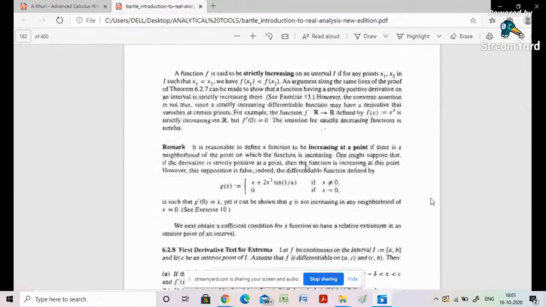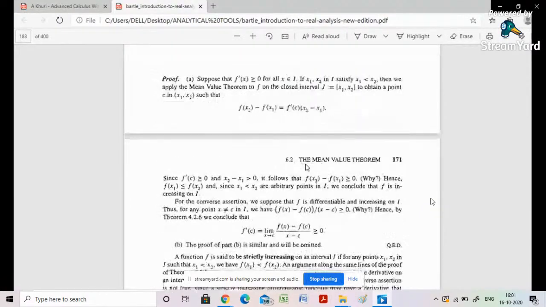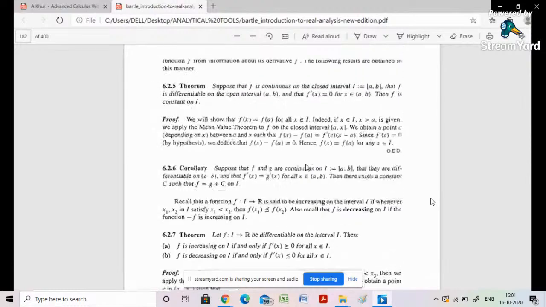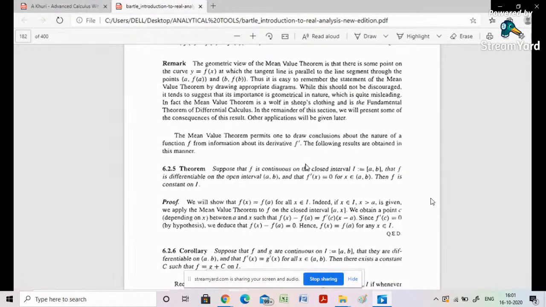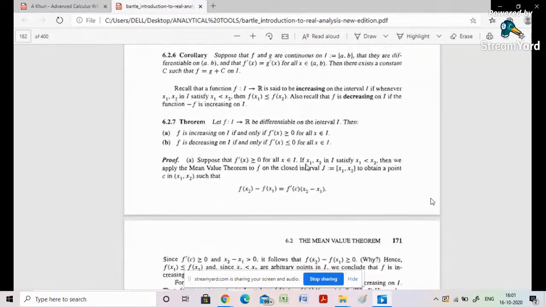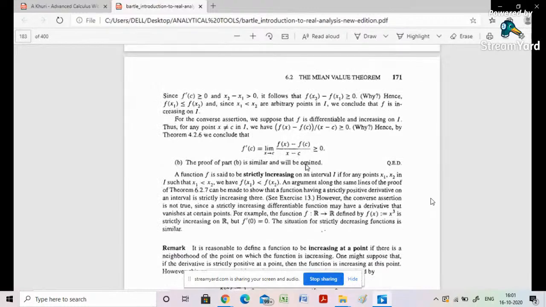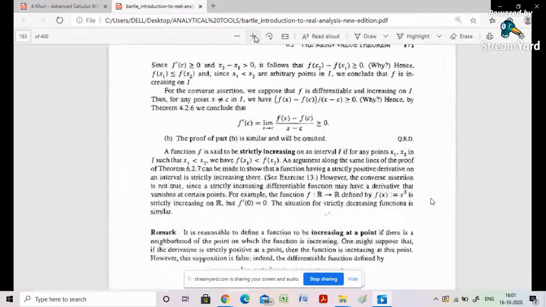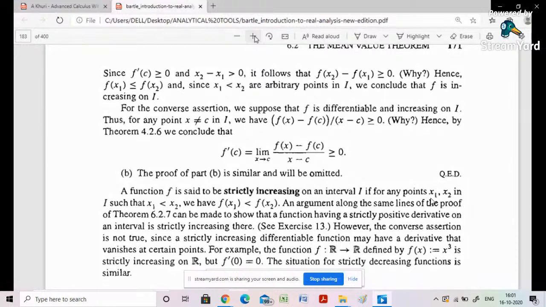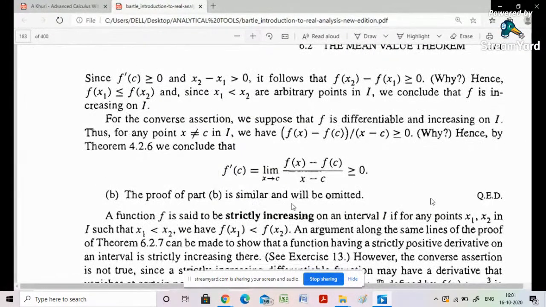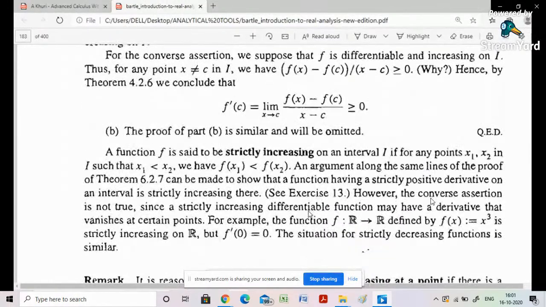Here we can see the results of extrema. When we say that a function is increasing, a function f is said to be strictly increasing on the interval I if for any two points x1, x2 in I, x1 less than x2 implies f of x1 less than f of x2.